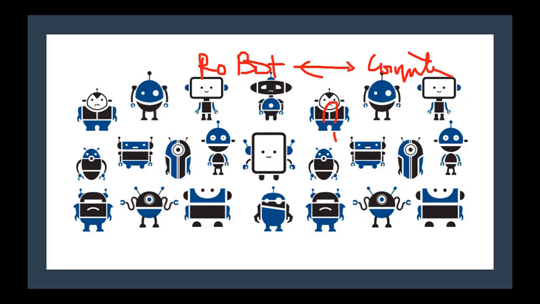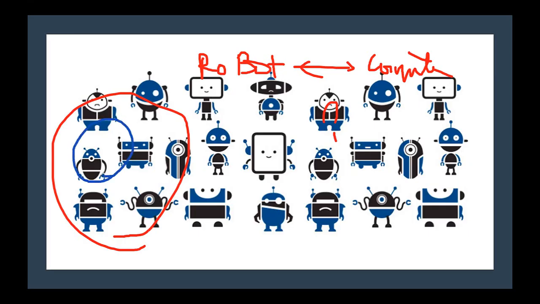Which one is automatic? The robot. Okay, a robot is automatic. So basically, a computer is like this, and a robot is actually a special kind of computer.